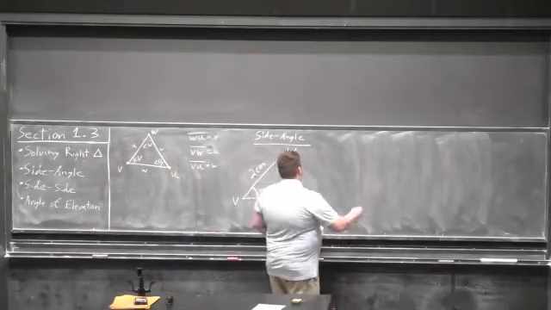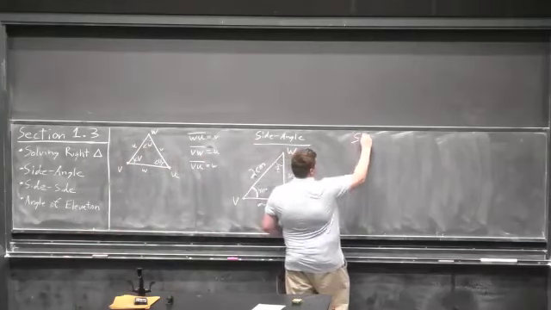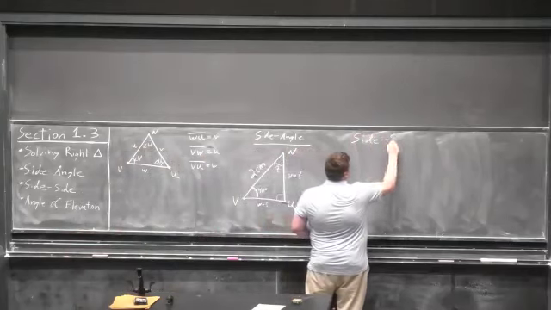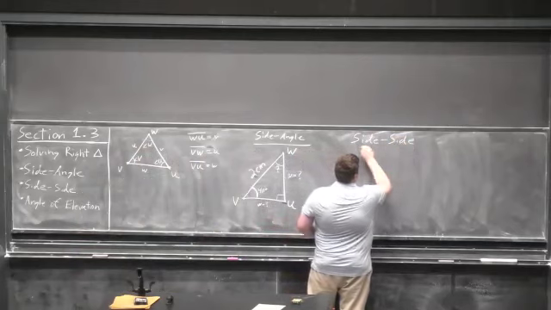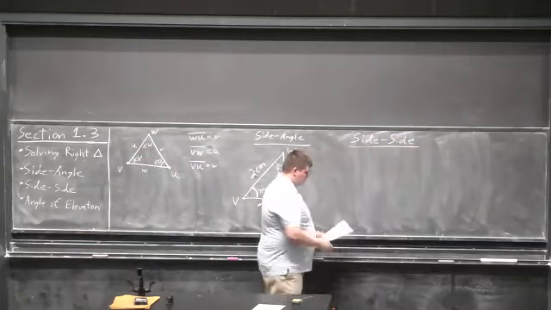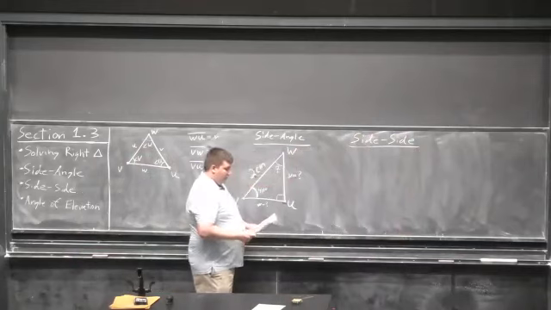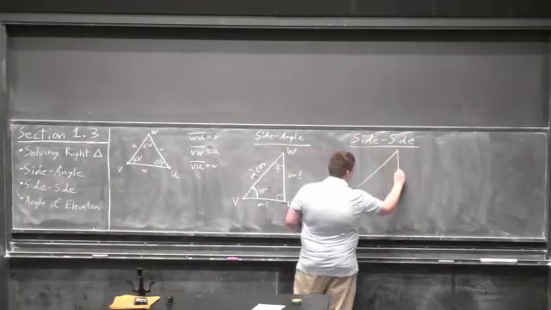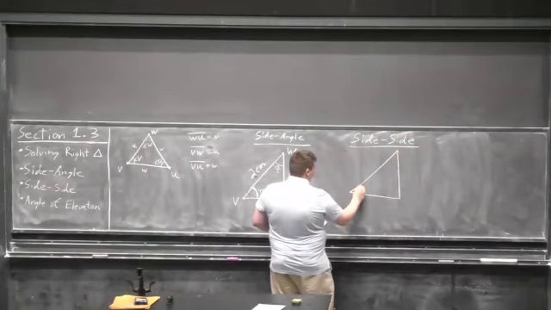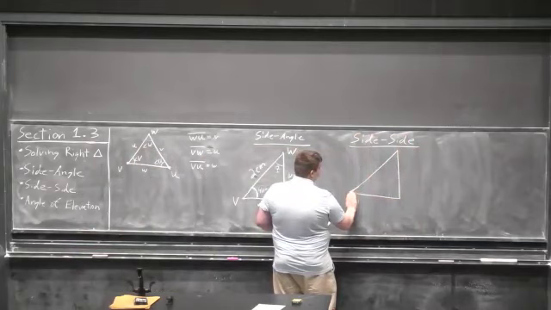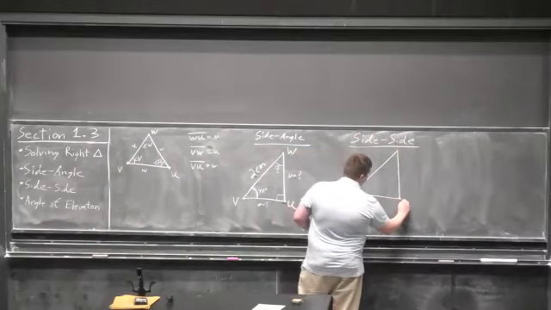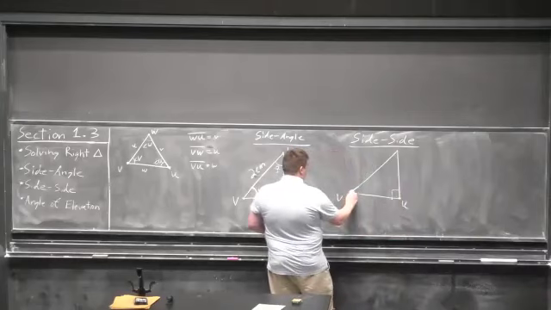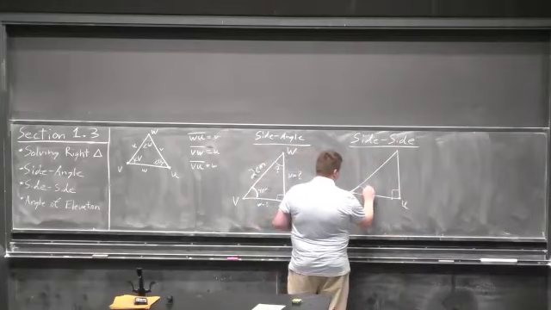The other type of question that we'll get is the side-side. One like these would be, let's draw another triangle. And again, have the convention that the right angle is U. V, we have no idea what it is.